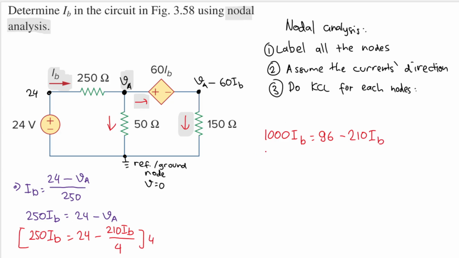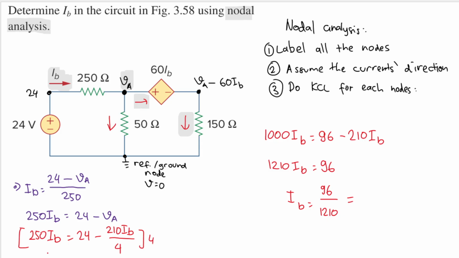Let's isolate IB. So I will have 1210 IB, and that will equal 96. And what is IB? IB is equal to 96 divided by 1210.